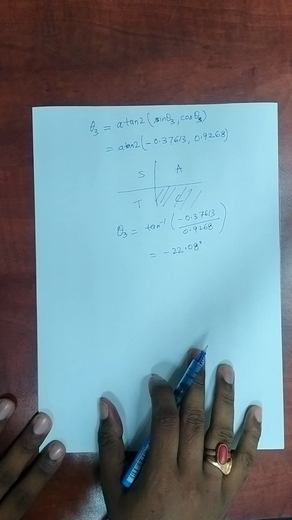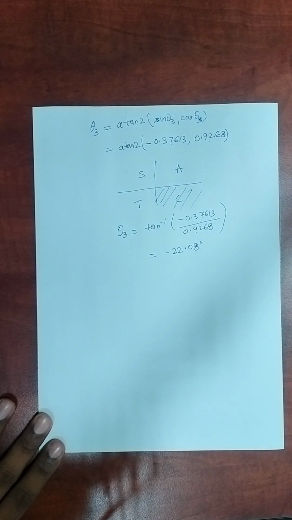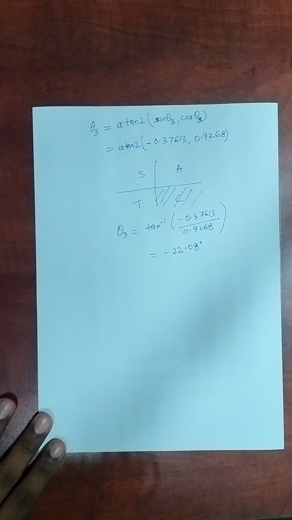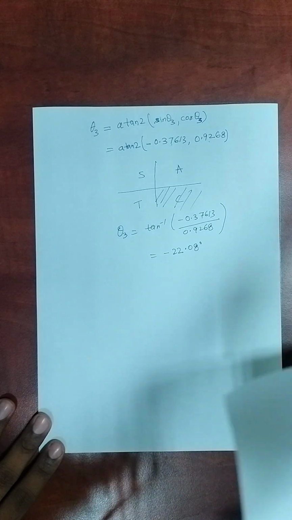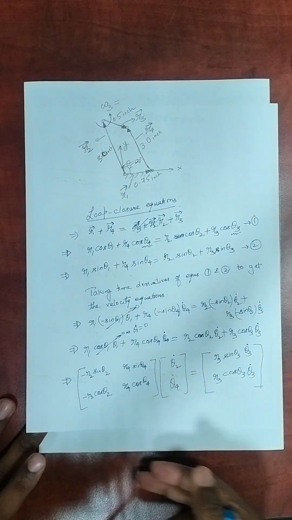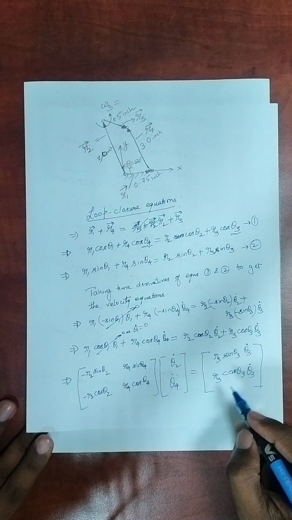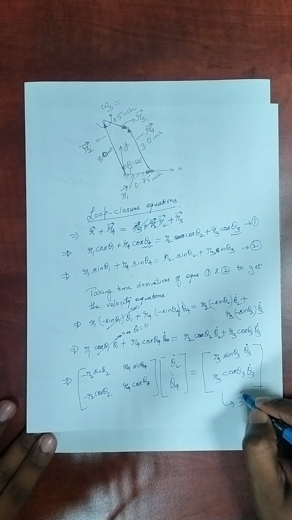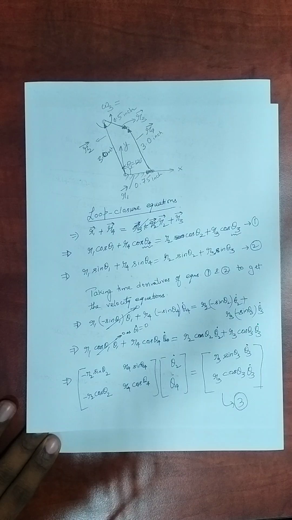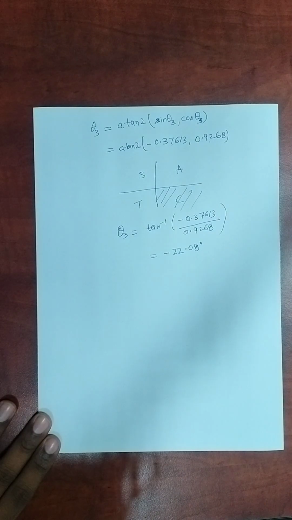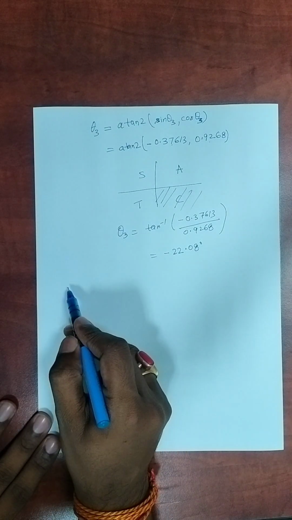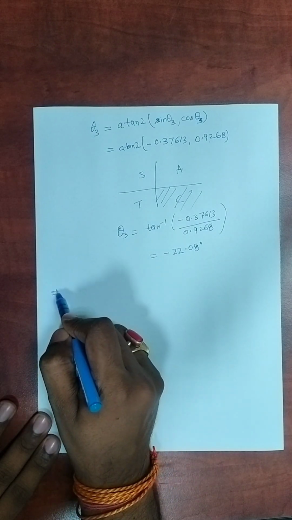Once I have this, I can put these values back into the equation for velocity. This is the equation for velocity. Let us call it equation number 3. And I can put these values back into equation number 3 to get the velocities.